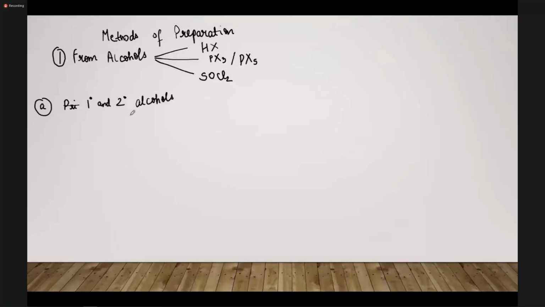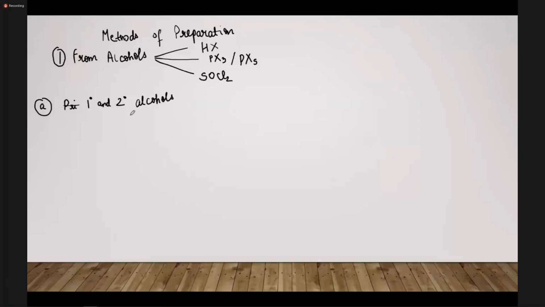So again, like in the previous lecture also we discussed 1 degree and 2 degree alcohols, meaning what? 1 degree alcohol is when the OH group is attached to some carbon and that carbon is itself a primary carbon. Primary carbon means it is attached with three species with a single bond.